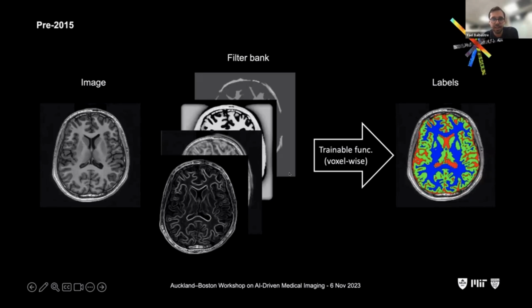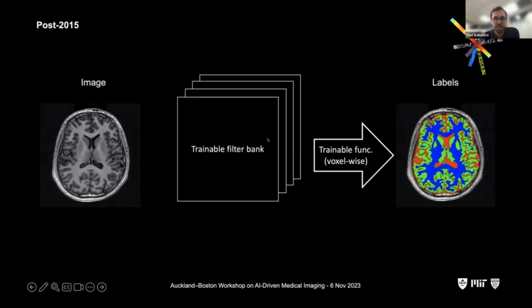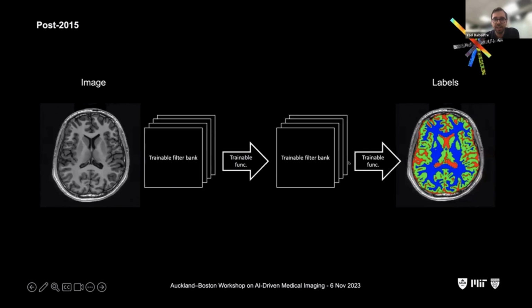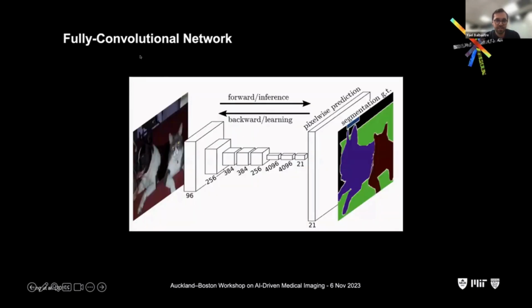And then in 2015, there's a big change. The first thing is that those filters can be learned too. They're just another component of the function, and we can actually stack those things together, and that's a deep network. And so in 2015, there's the first fully convolutional network for semantic segmentation.